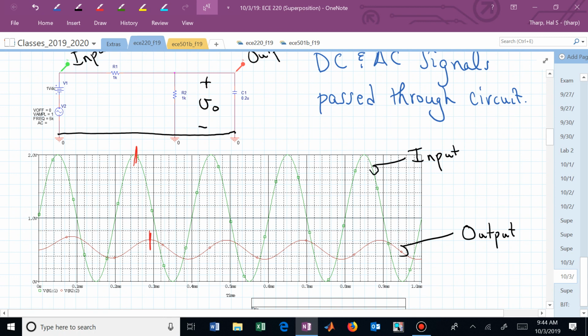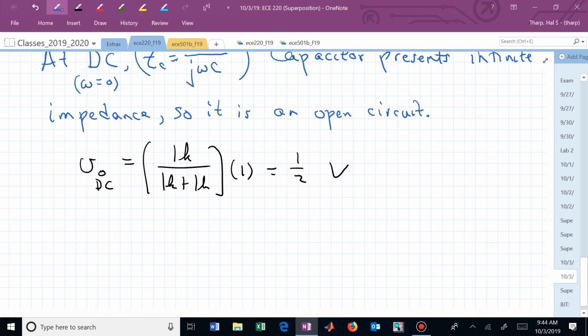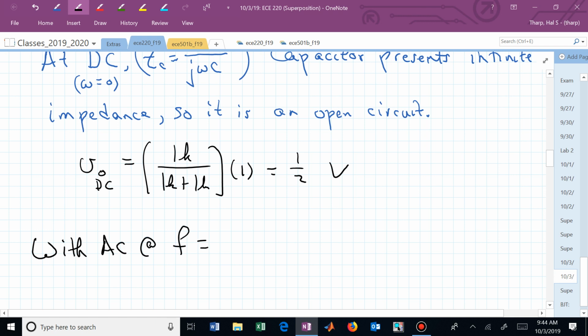Well, let's see. So now, with AC, alternating current, the frequency of our sine wave in this simulation is actually 5,000 hertz.